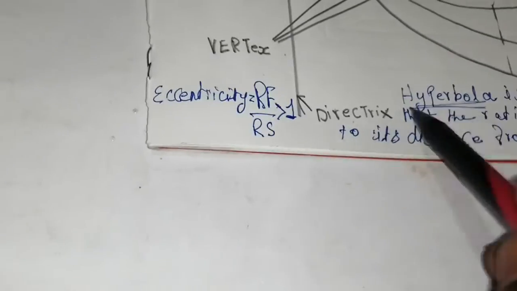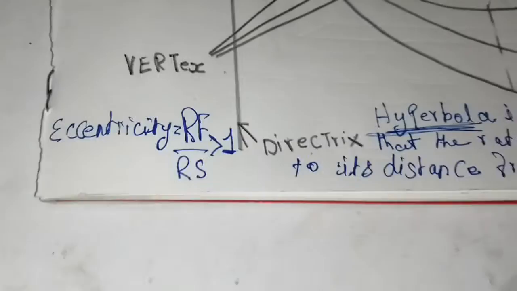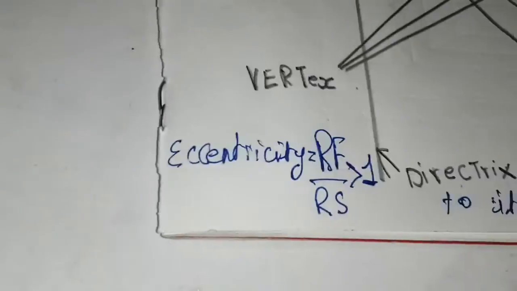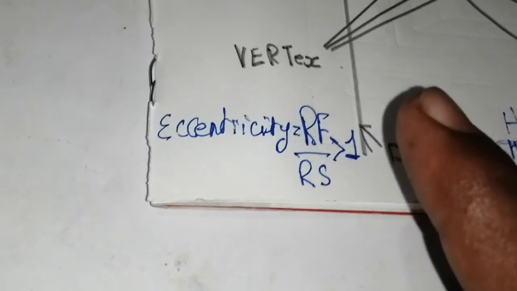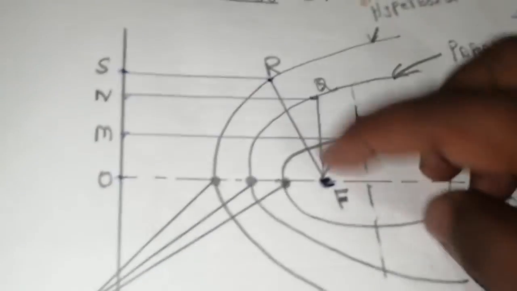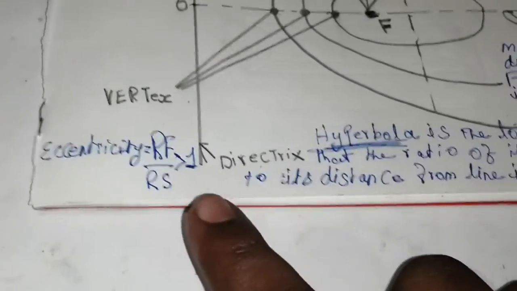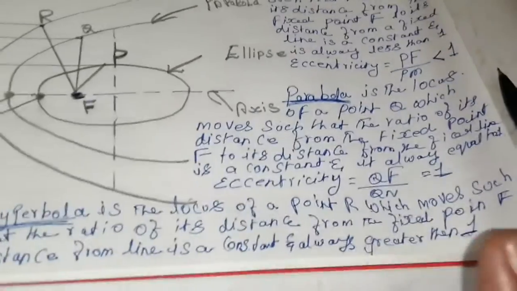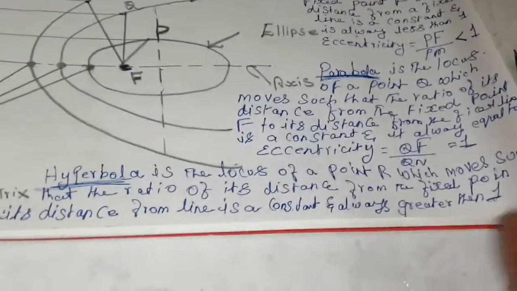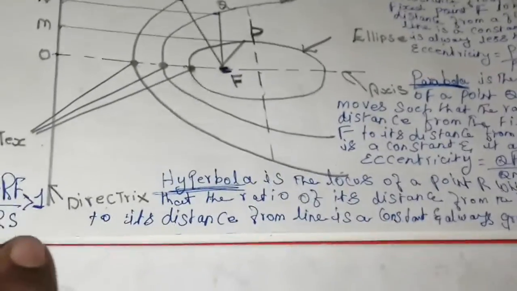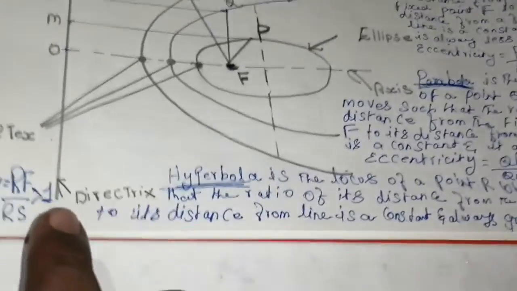In the hyperbola, the eccentricity is RF by RS, which is always greater than 1. Ellipse is lesser than 1, parabola is equal to 1, and the hyperbola is greater than 1.